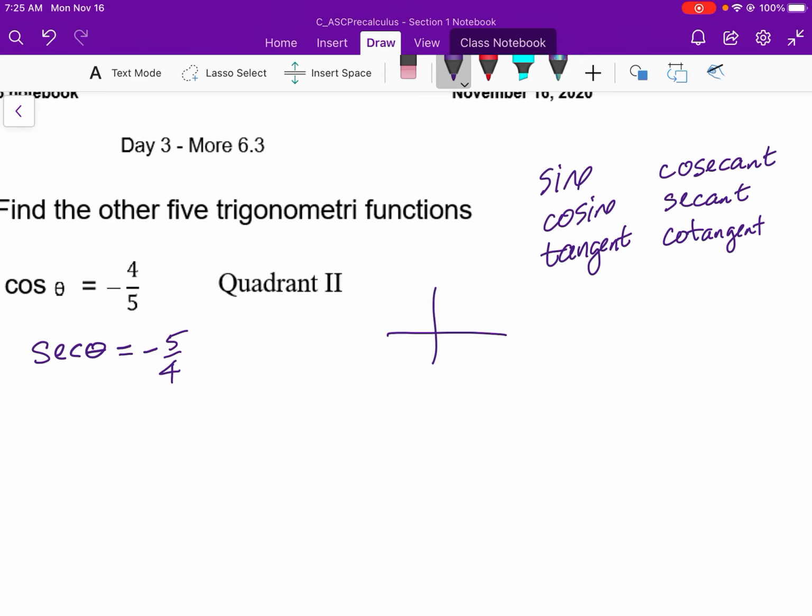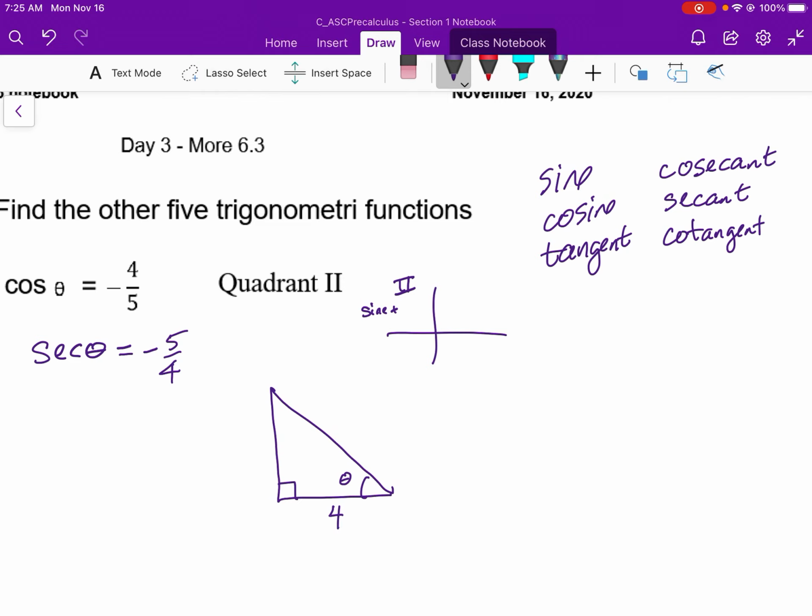Now, it's in quadrant 2. So in quadrant 2, I know that cosine is negative. I know that sine is positive. That's the only positive one in quadrant 2. So what am I going to do? This is what I do, and Mrs. Burr said this is what she did also. This triangle is not to scale.